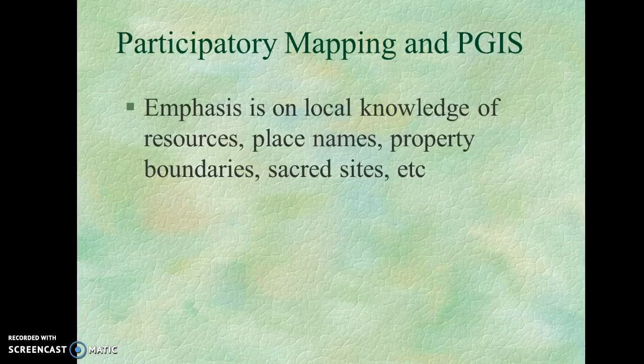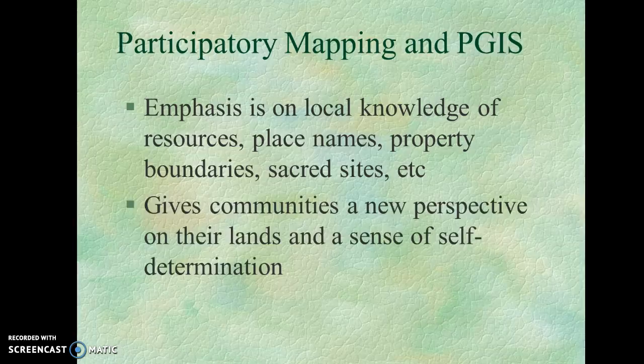And just as a bit of background, this is in the lecture this week, it gives an emphasis on local knowledge of resources, place names, property, boundaries, sacred sites, and so forth. And it provides communities with a new perspective on their lands and also a sense of self-determination, especially for underserved populations.